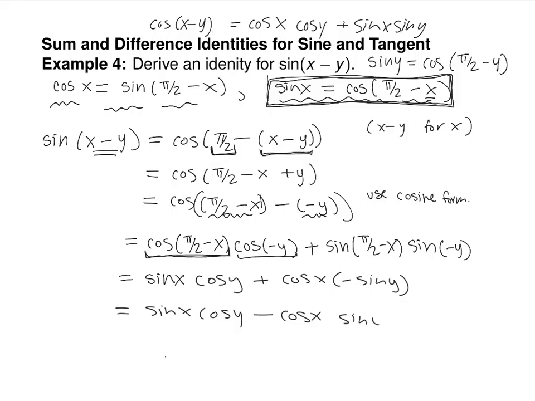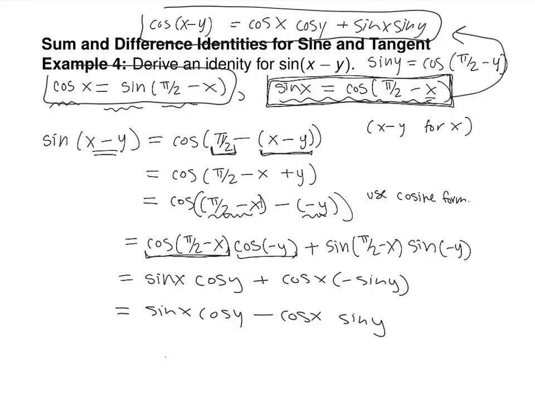Does that make sense? Just multiplying the negatives together instead of making it a plus, making it a negative. So the basic point is that everything comes from this identity and these cofunction identities, and those came from this thing, right? So you can prove them using that.